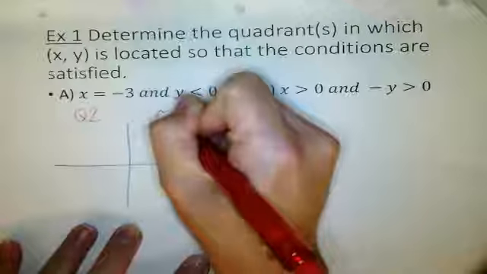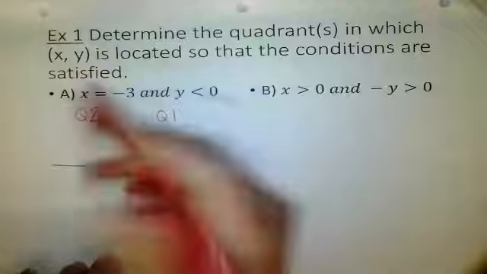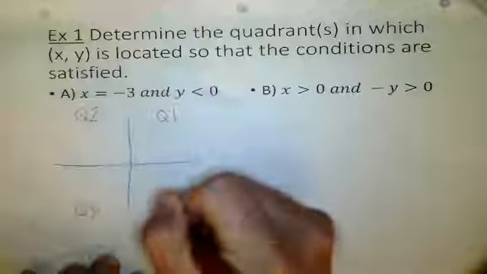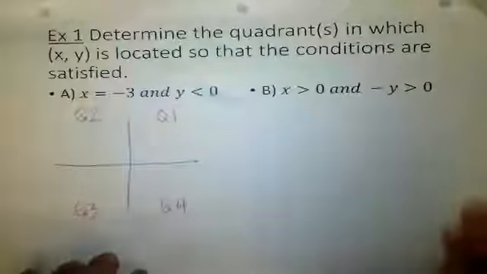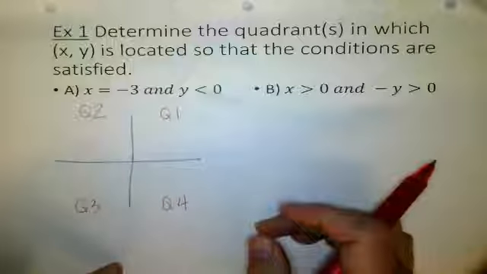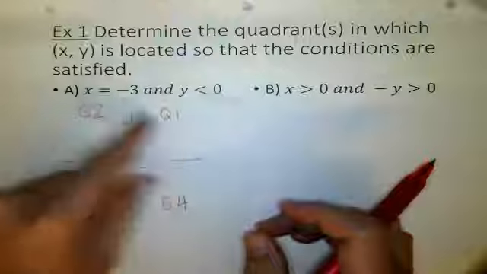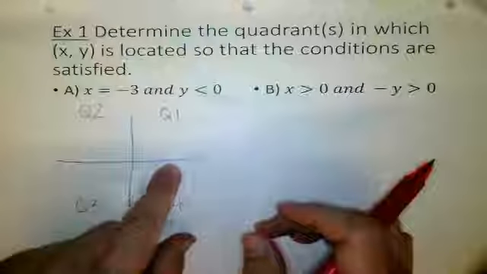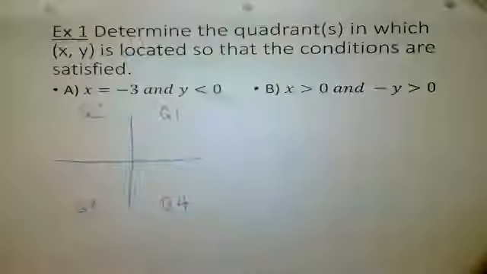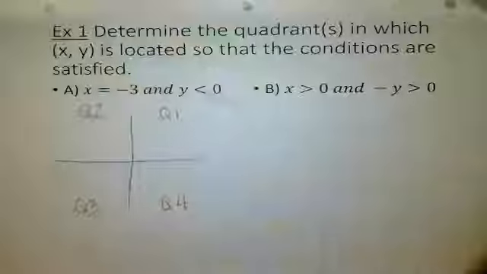Top right. There we go. Quadrant 1, quadrant 2. What's down here? Quadrant 3. And over here, quadrant 4. Did you ever wonder why it goes like this? It's because of trigonometry. It has nothing to do with the negatives; it has to do with trig. Trig came first.